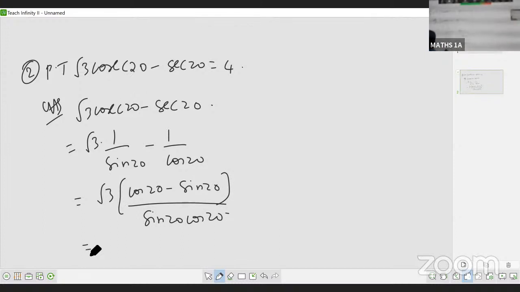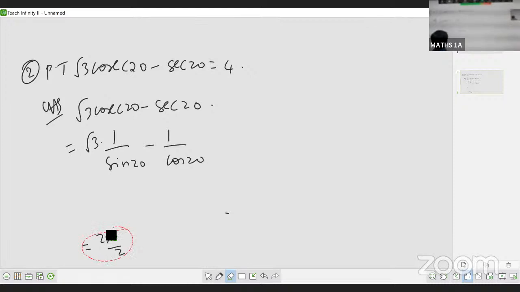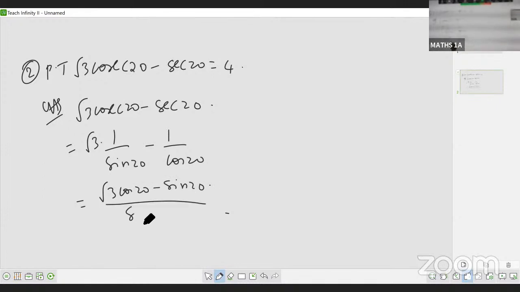Now multiply and divide with 2 again. Okay, sorry, so take LCM, this becomes root 3 cos 20 minus sine 20 divided by sine 20 cos 20.